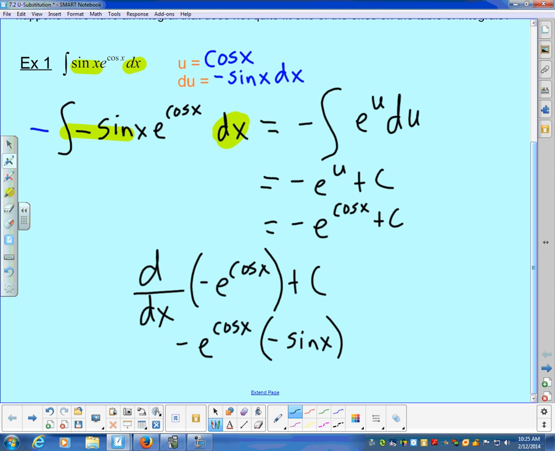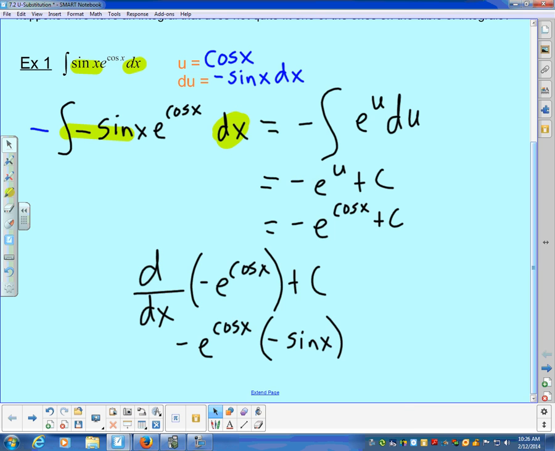It does. I mean, that's the short answer. It goes away, but why does it go away? Because I'm able to rewrite this as the integral of just e to the u du. And so yes, it does go away.